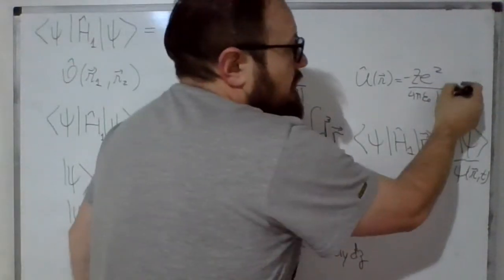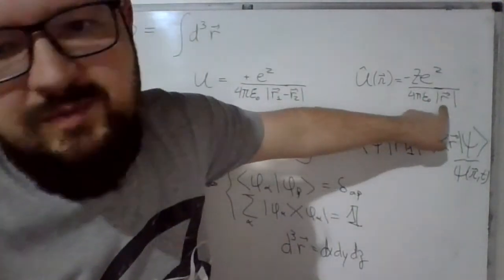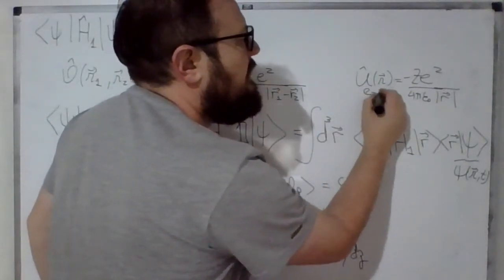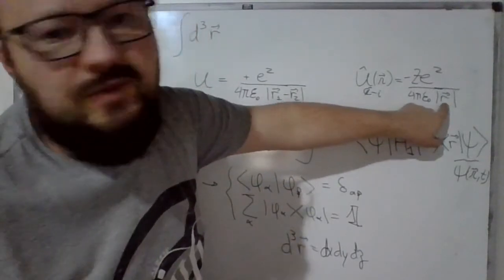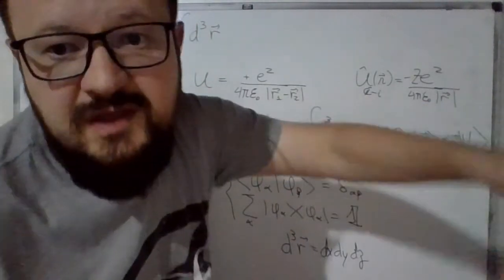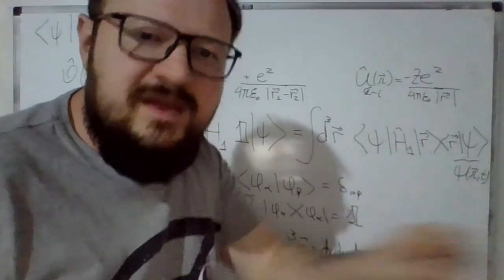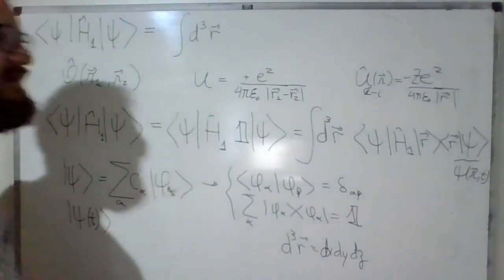But you could put the ion at the position 0, so this electron-ion potential just depends on the position of the electron, supposing the ion is non-moving, static at the center of your coordinate system.